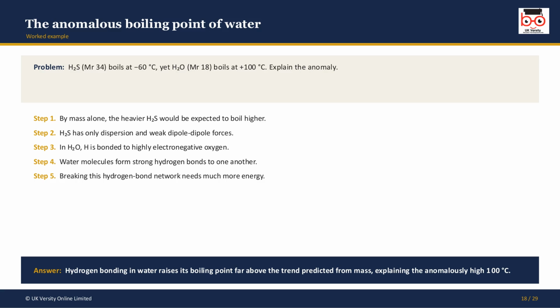But hydrogen sulfide has only dispersion and weak dipole-dipole forces. In water, hydrogen is bonded to highly electronegative oxygen, so water molecules form strong hydrogen bonds to one another. Breaking that hydrogen bond network takes far more energy, which is why water boils at an anomalously high 100 degrees.